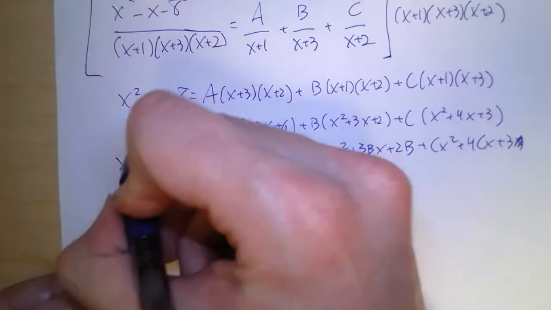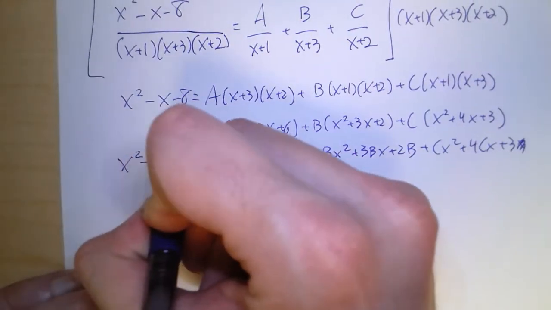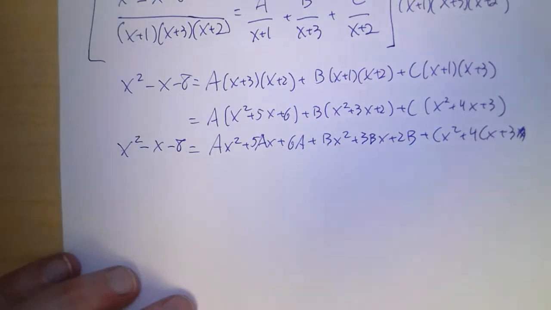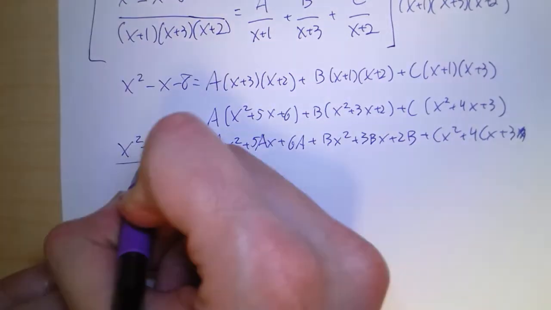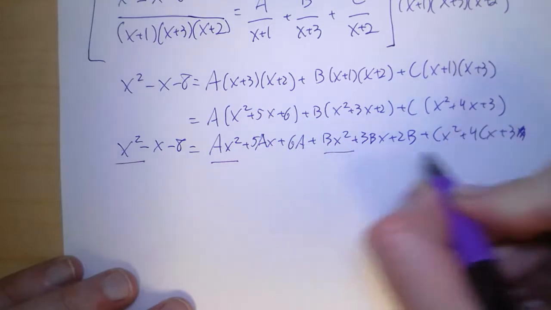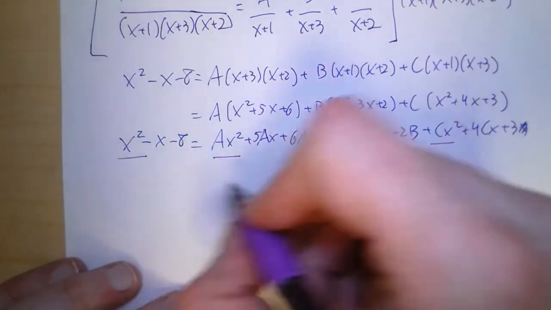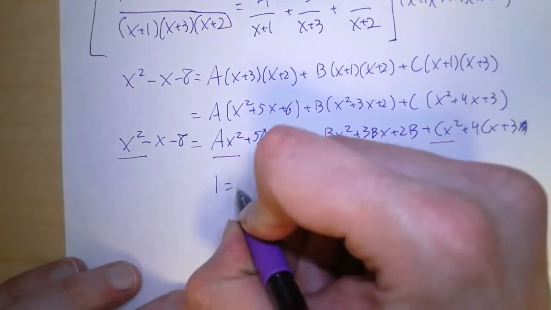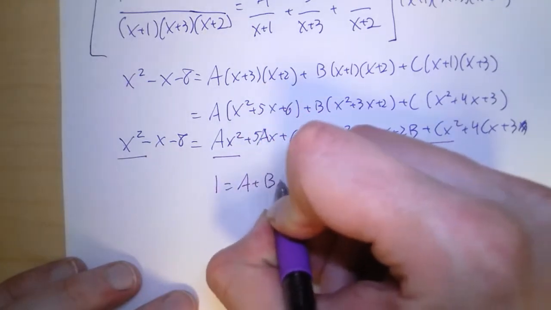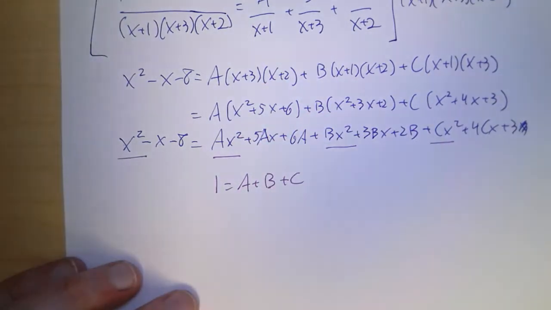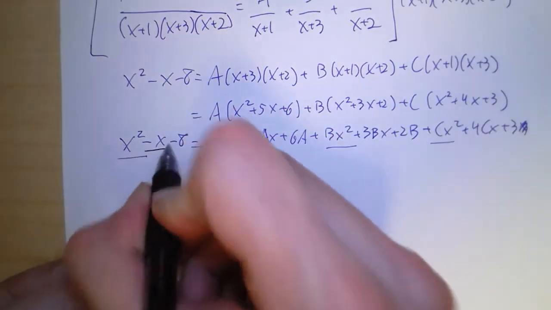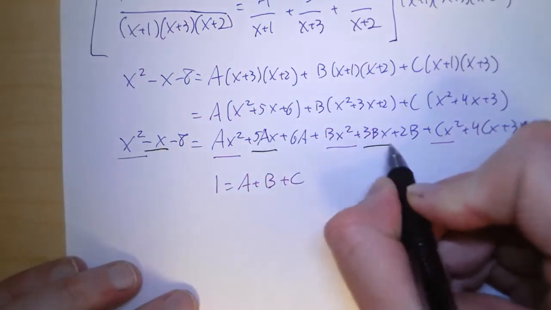All right. Now in this case, we're going to have to break this apart. First, we look at everything with an x squared. We've got an a, b, and a c, and all of that has to add up to 1x squared. So that means 1 equals a plus b plus c. Then we look at the terms with x's.